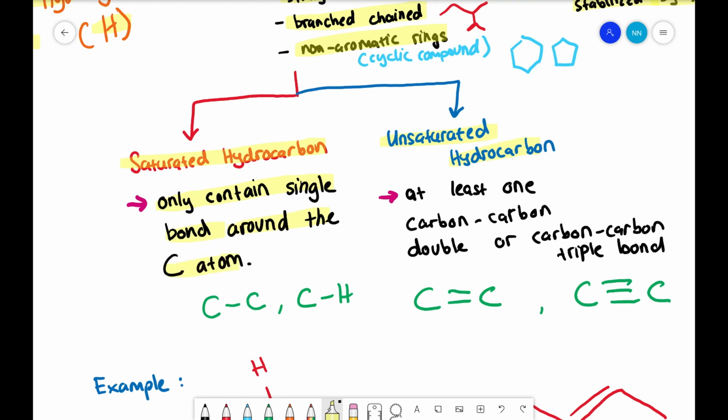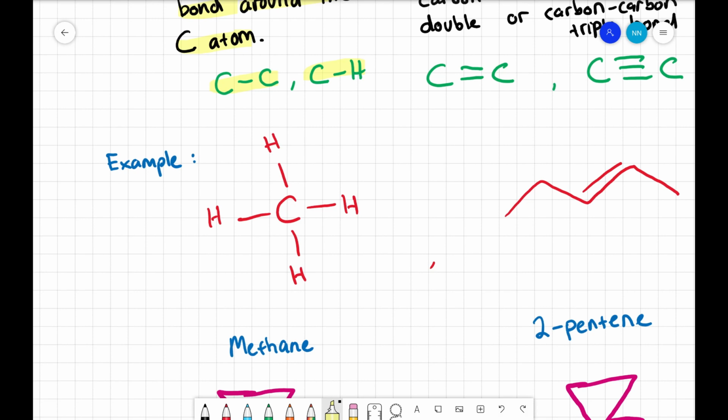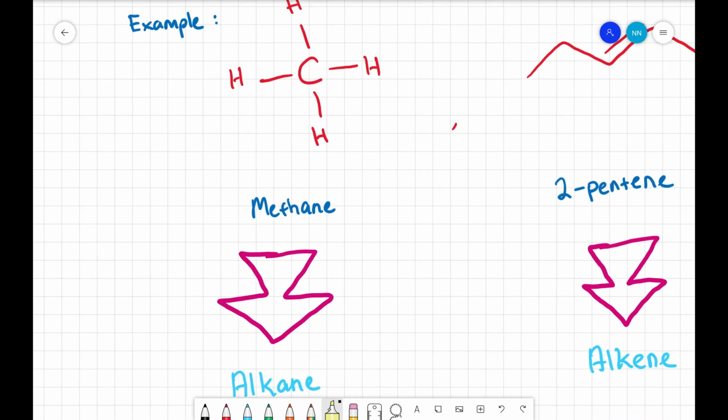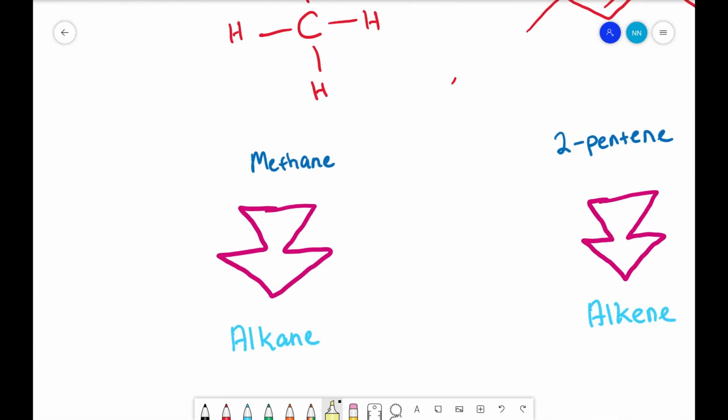So you can have a carbon single bonded to another carbon, or a carbon single bonded to a hydrogen. The best example is any organic compound from the homologous series of alkane. Alkane is a good example of a saturated hydrocarbon.